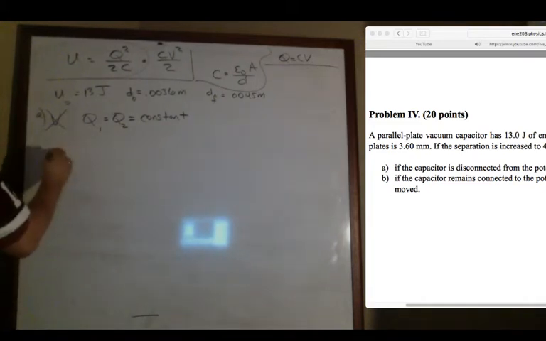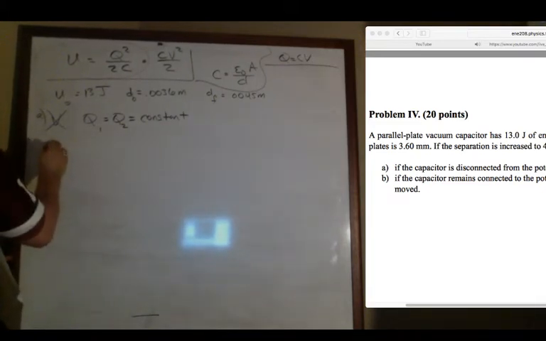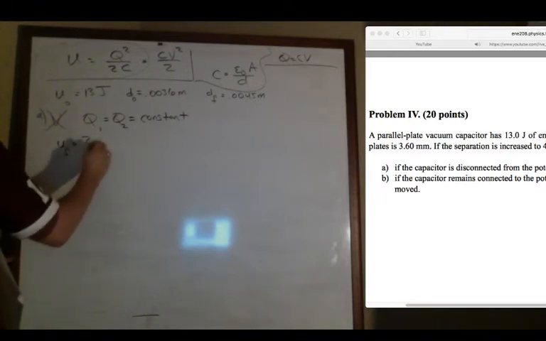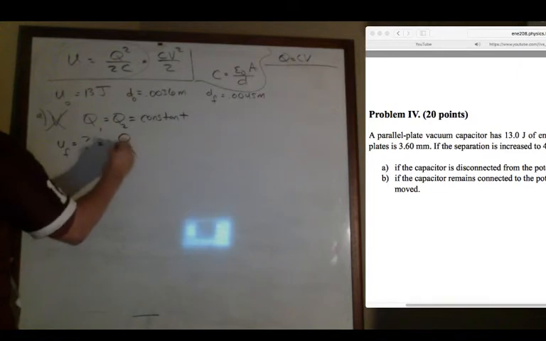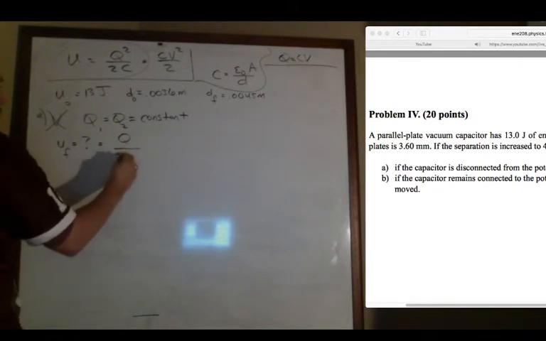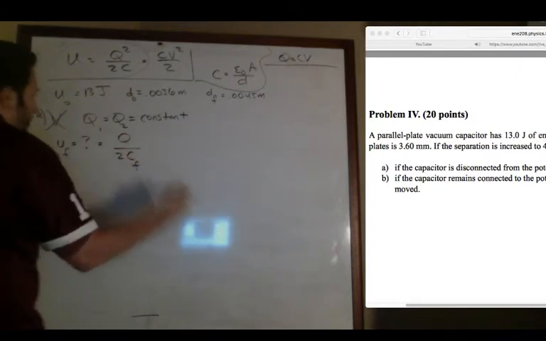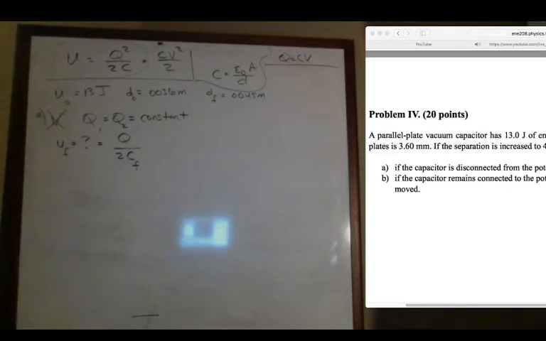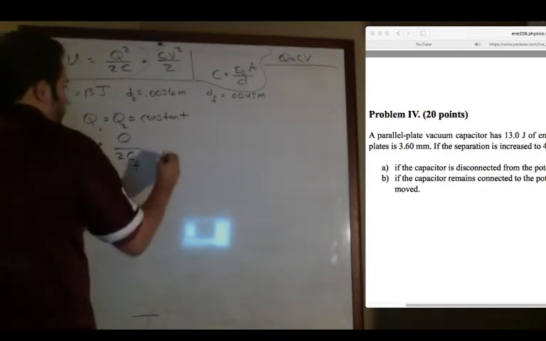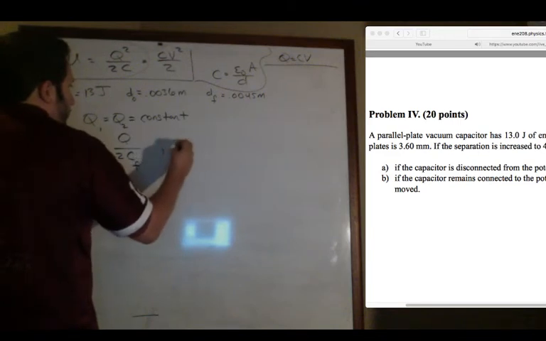I want to find UF, and UF is going to be Q squared over 2 times CF. According to this, CF is epsilon naught A over DF.